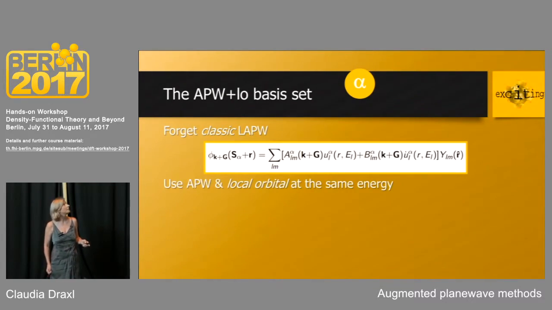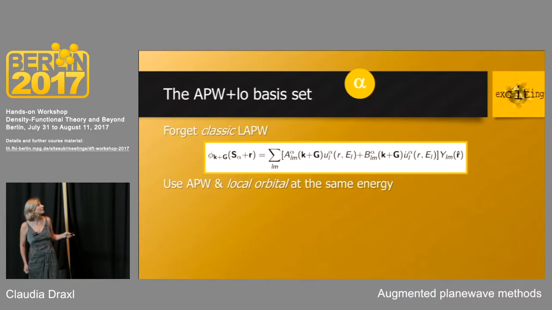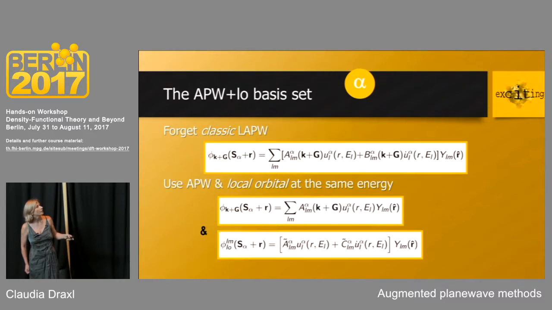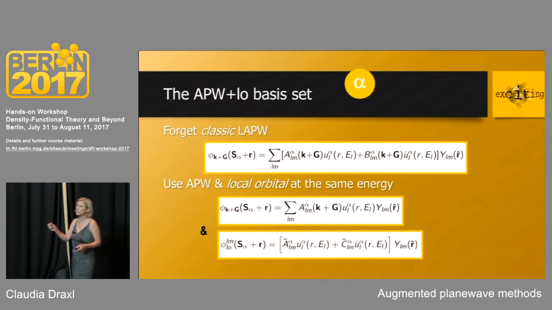What we do now, in the same spirit of the local orbitals, we just use this bit as our basis functions, which are G-dependent. And this bit goes into an extra basis function. But look here, now we have used the local orbitals with the same linearization energy, because here it doesn't serve the purpose of treating a different state. It just serves the purpose of making these basis functions more flexible.